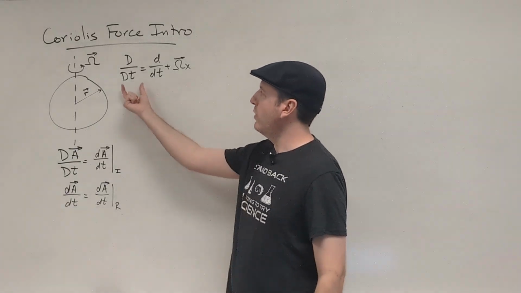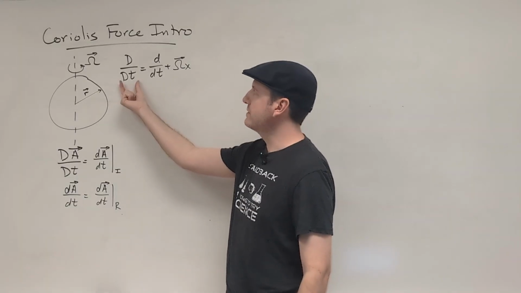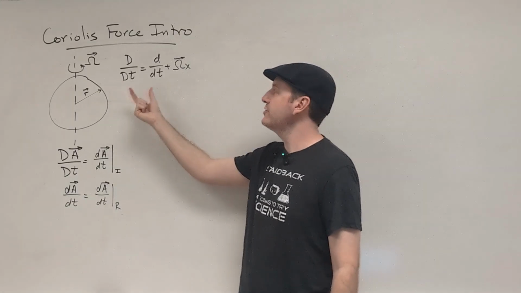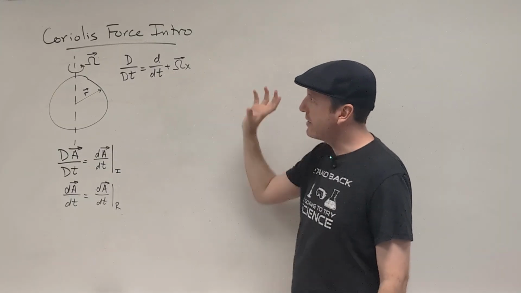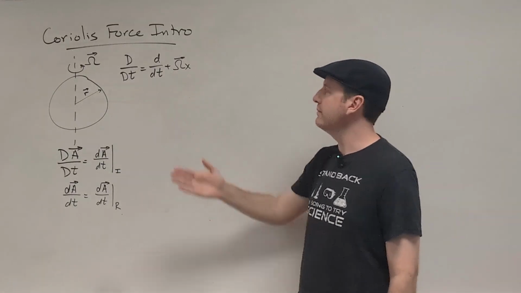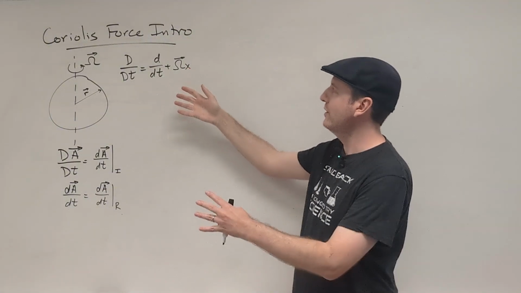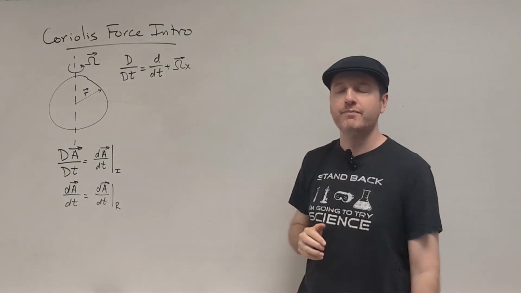That tells us that if you want to calculate any sort of inertial time derivative, it's just the time derivative in the rotating frame plus the angular velocity of that rotating frame cross product with the thing you're calculating.